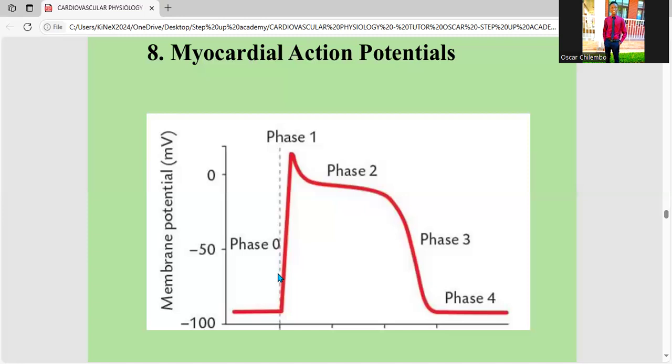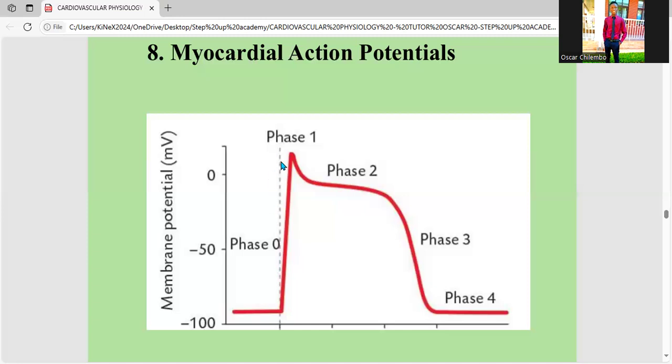Then, what is phase 1? Phase 1 is actually initial repolarization. What happens in phase 1 is that, remember the ion that is responsible for repolarization is actually potassium. So what does this potassium do? Potassium movement is always outside the cell. So once it is leaving the cell, it is making the membrane potential inside the cell less positive.